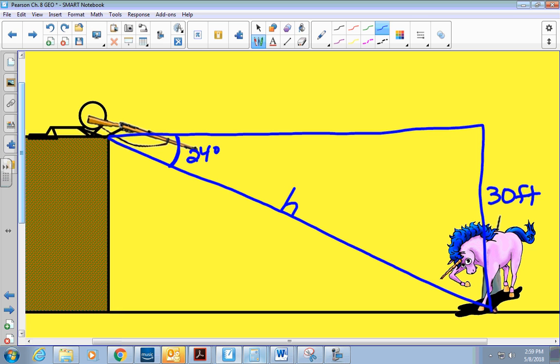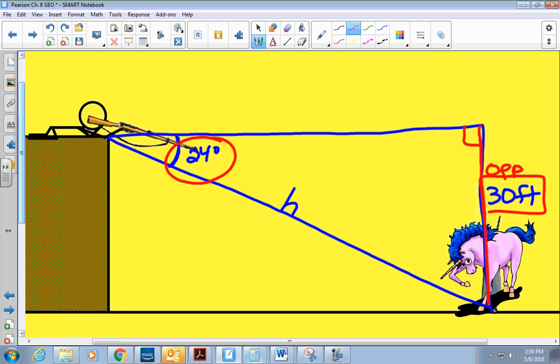So we have to use 24. It's the only angle they give us. Is this 30 feet the opposite side, adjacent side, or hypotenuse? Opposite.